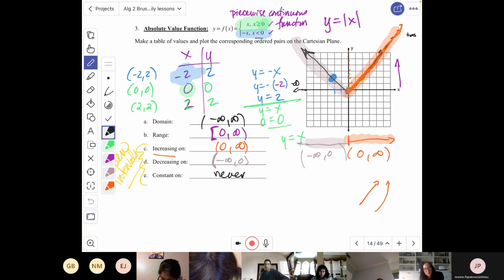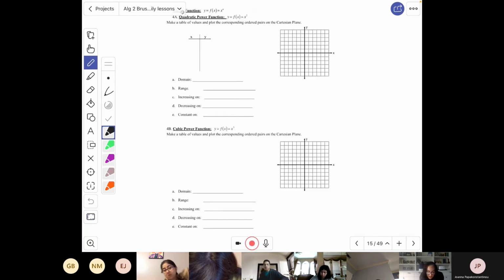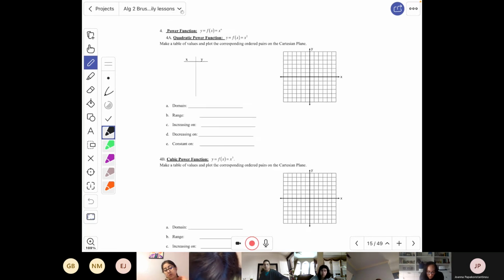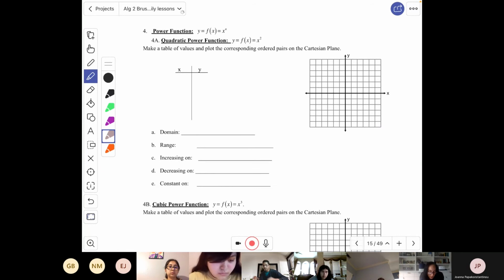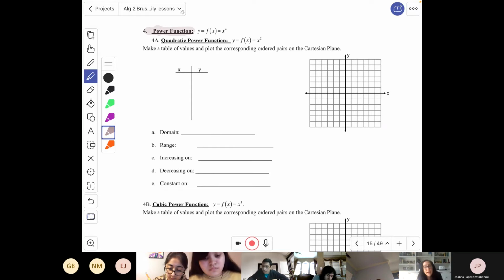Let's look at more parent functions and let's reinforce this. So the next type of parent function that I want to look at falls under the family of power functions. And we've been working with these power functions, right? We worked with linear functions where the exponent, the power, was 1.